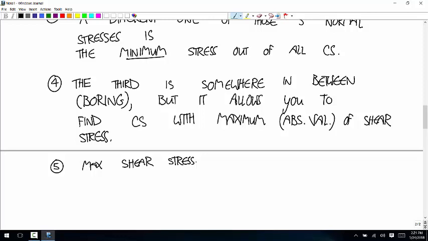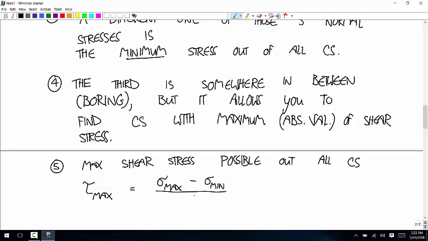The maximum shear stress possible out of all the coordinate systems, I'll call that tau max, is equal to sigma max minus sigma min over 2.